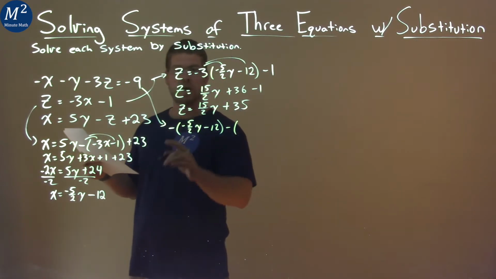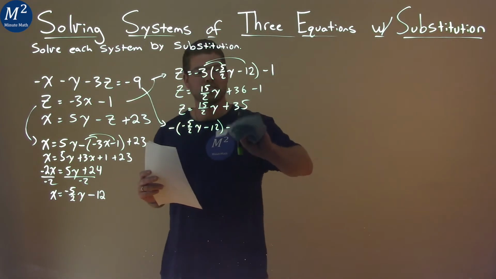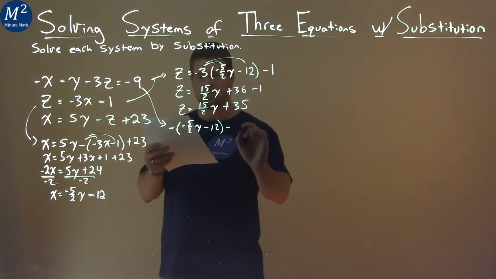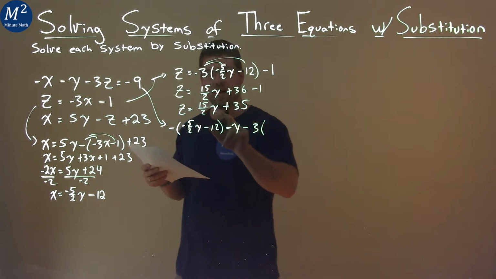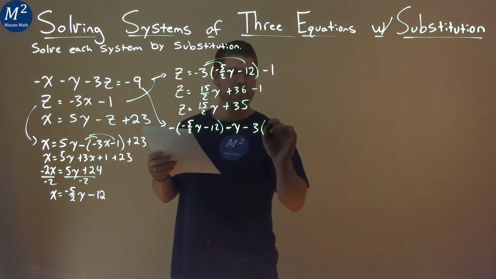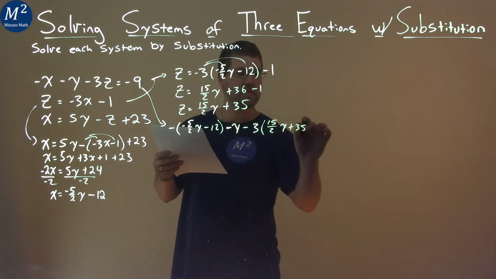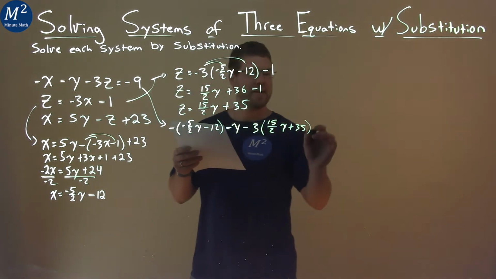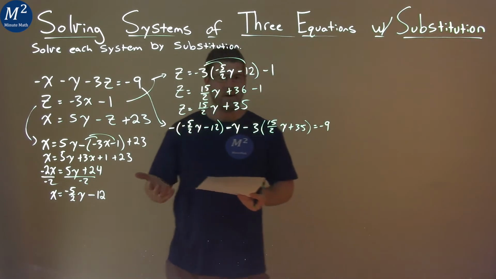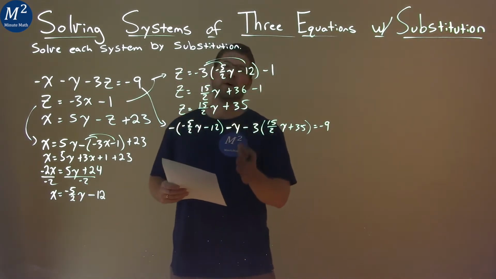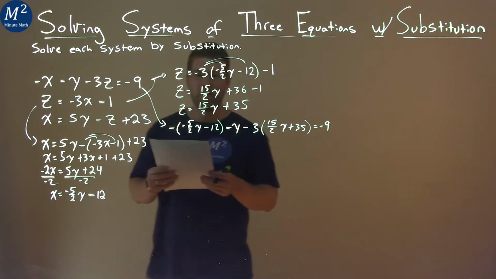And y is the variable we're looking for, so y stays there. So minus y, minus 3 times our z value, which we found here, 15 halves y plus 35, and that equals negative 9. So I know this equation looks pretty crazy right now, but look, there's only one variable, y, meaning that we can solve for that y. So let's go for it.